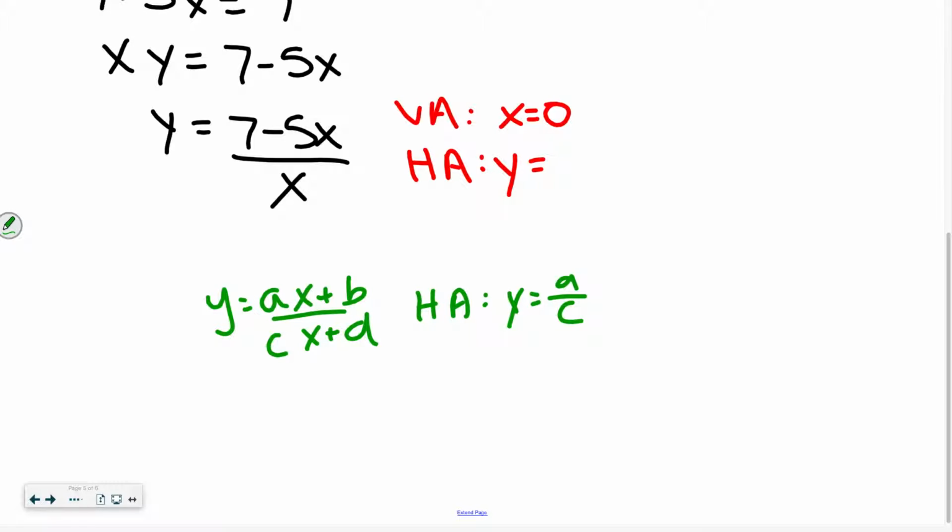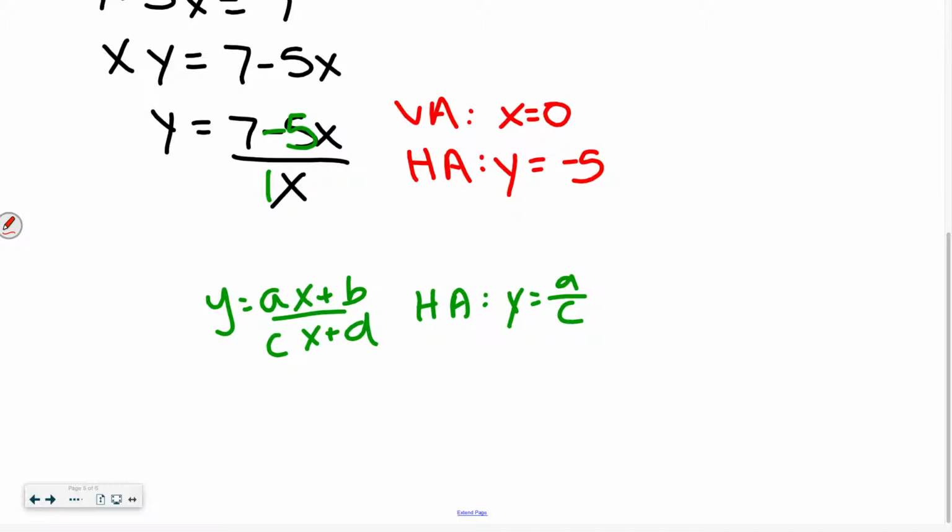What did I mean by LCs? Leading coefficients of your x terms. So it's 7 minus 5x over x. What's the leading coefficient of your x's? Negative 5. 7 doesn't have an x. Over 1. So negative 5.